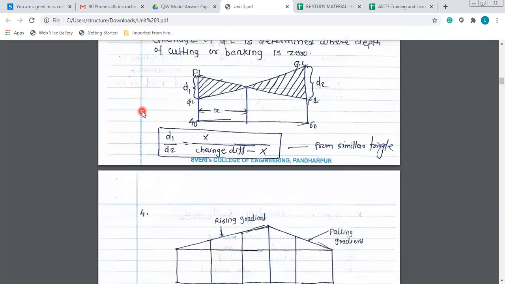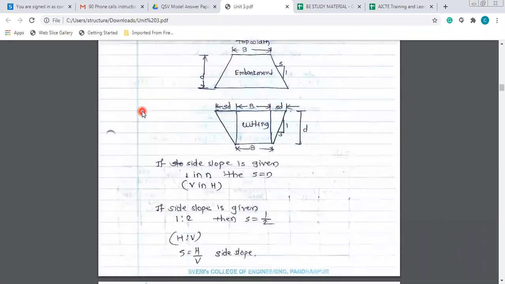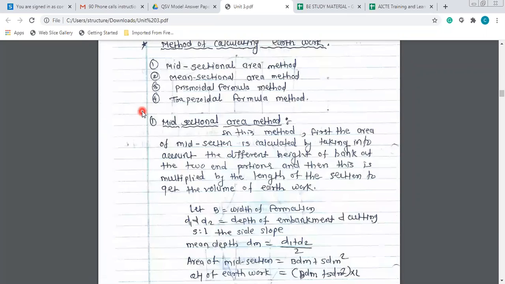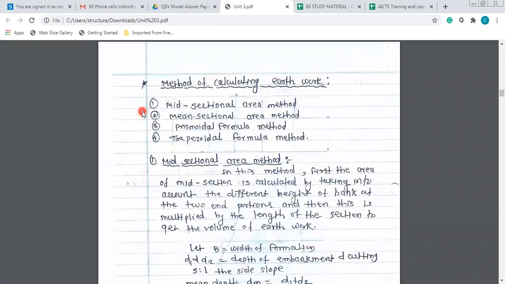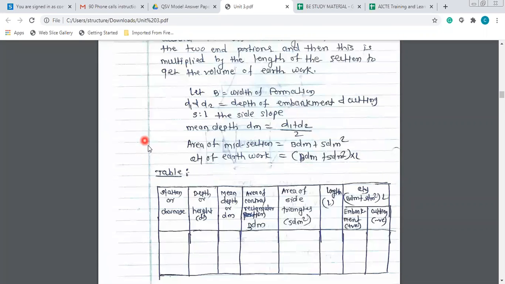If you have noted this part also, then you can note down this particular part. That is, first is the mid-sectional area method, methods of calculating earthwork and the mid-sectional area method. This table you have to write down, so that in the next session we will start with the problems. Okay.